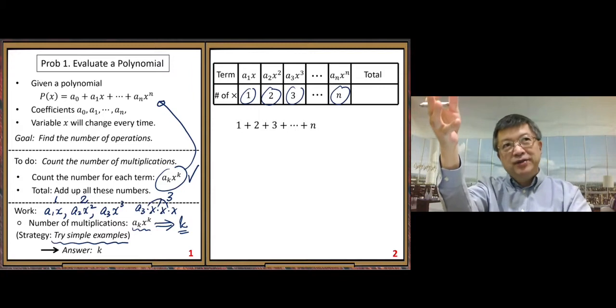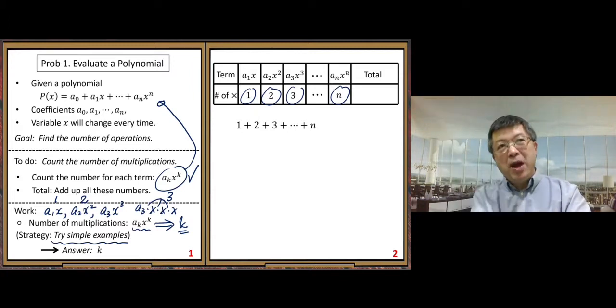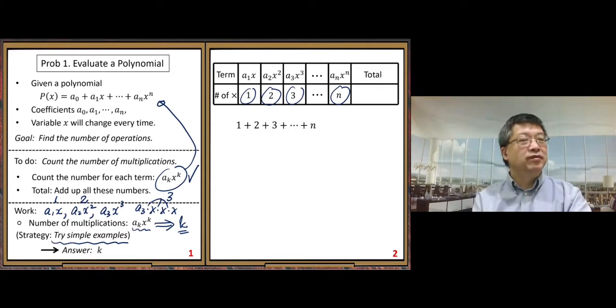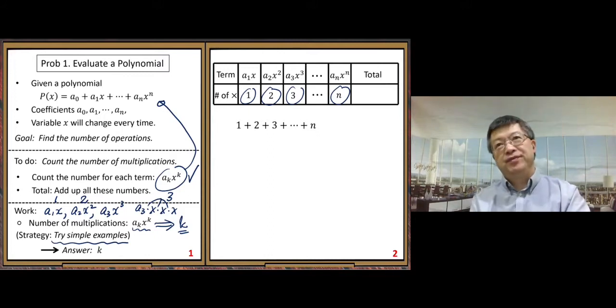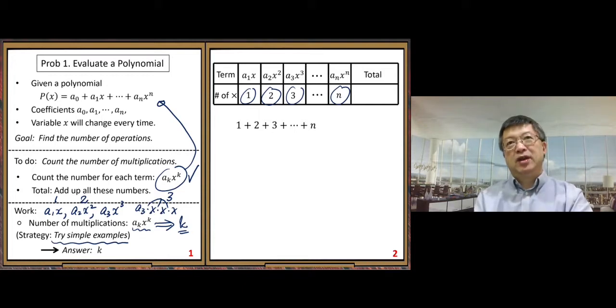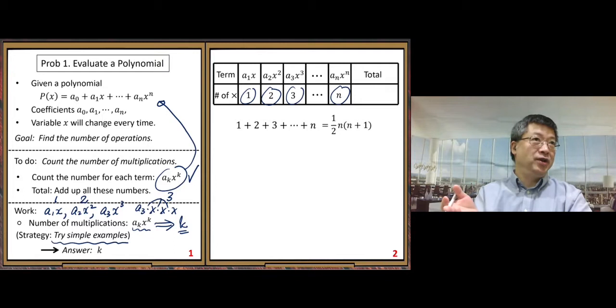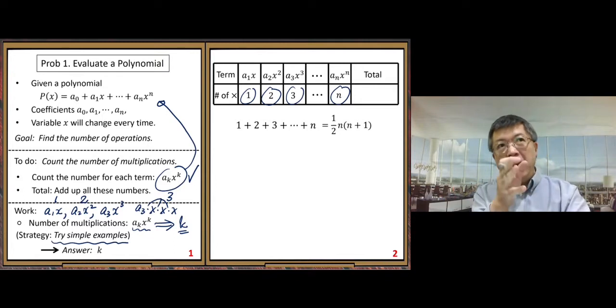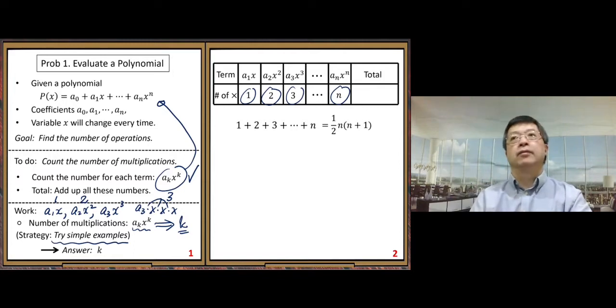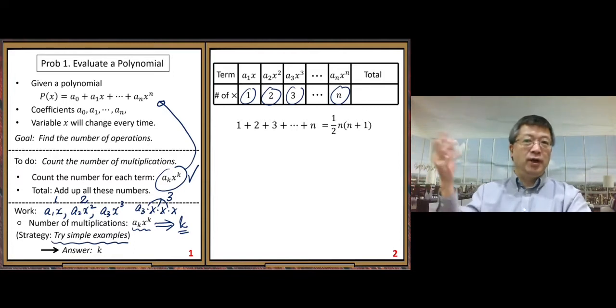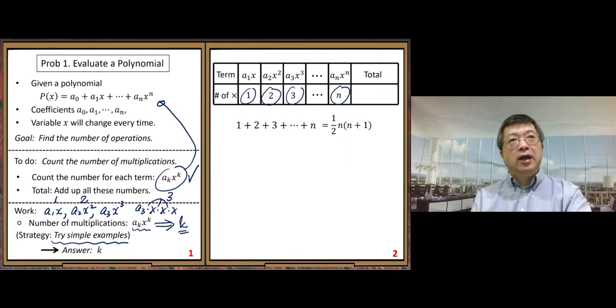Recall, if you still remember this formula from your discrete math, the summation formula of arithmetic series. This is the formula: 1/2 times n times parenthesis n plus 1. Simple formula. Here we use that directly.